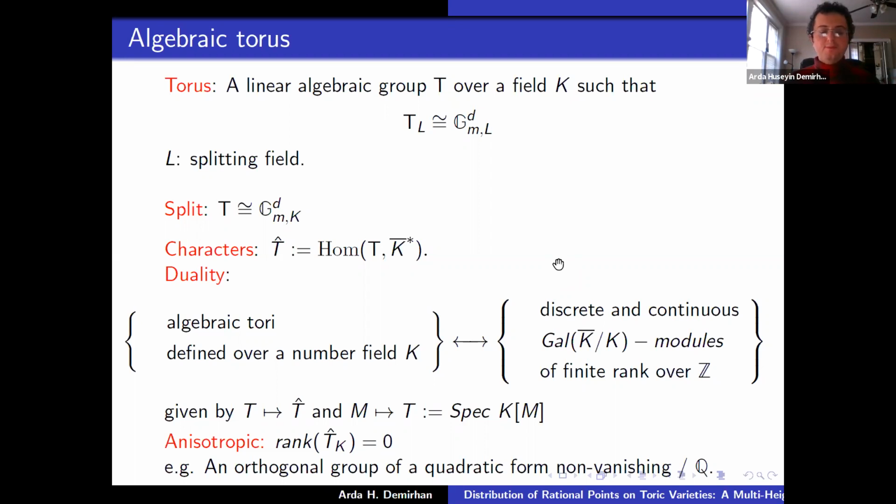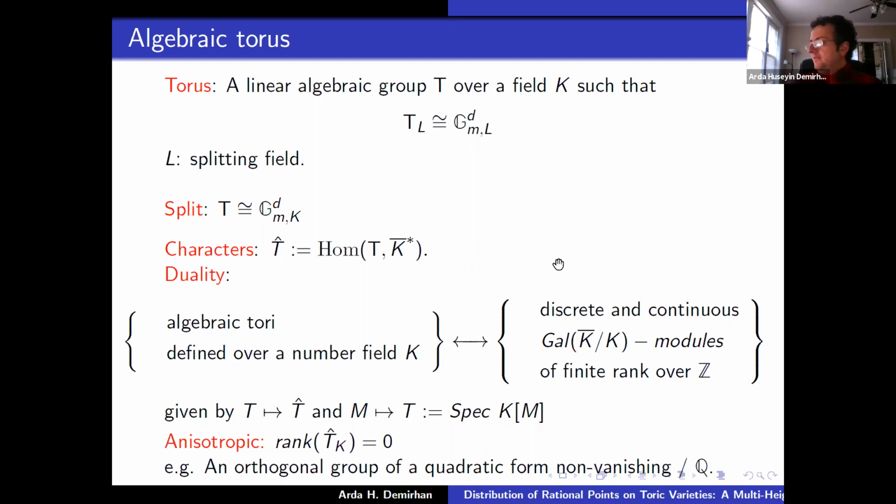And it turns out that all K-points of a toric variety are in fact contained in the torus itself when T is an anisotropic torus.